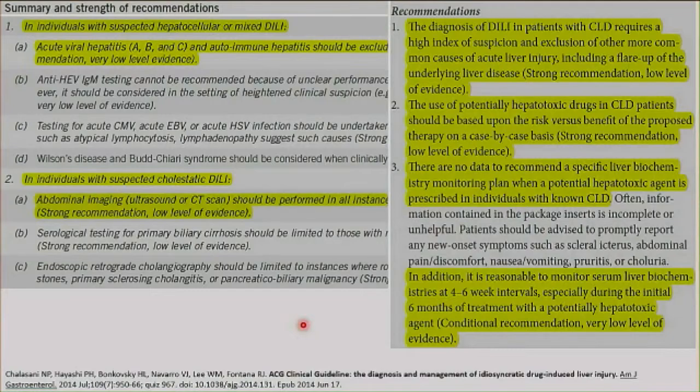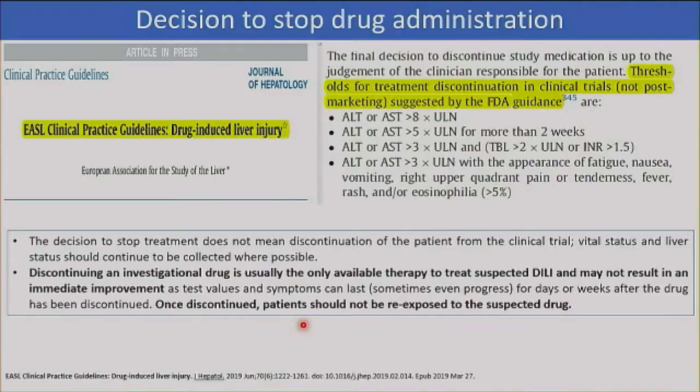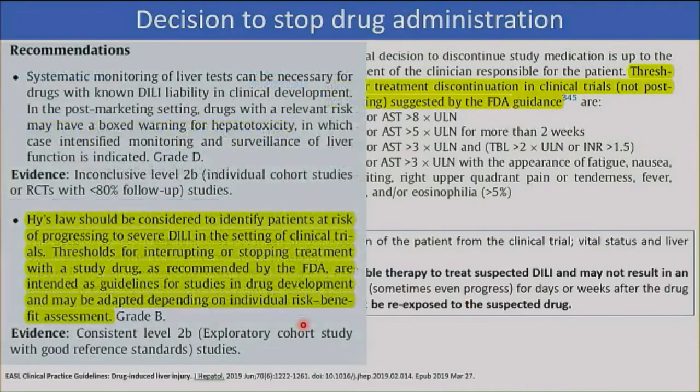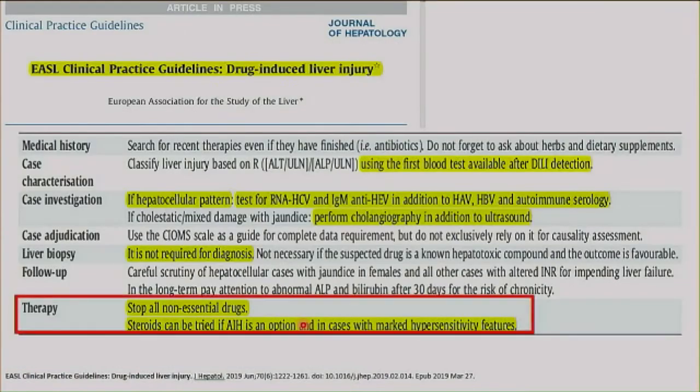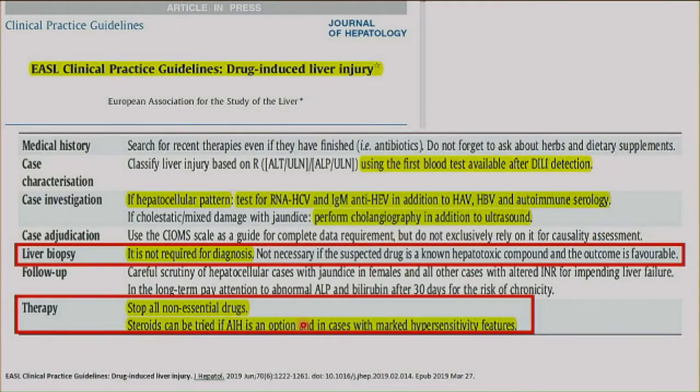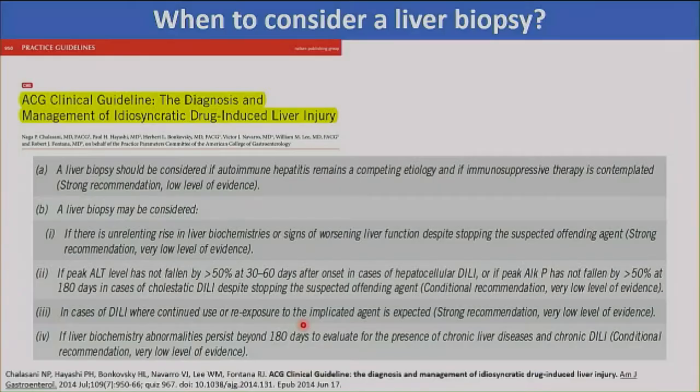And the diagnosis of DILI in patients with chronic liver disease, and the treatment, should be done carefully. We have to stop the drugs if the ALT is more than 3 times, stop all non-essential drugs, and then treat the condition.